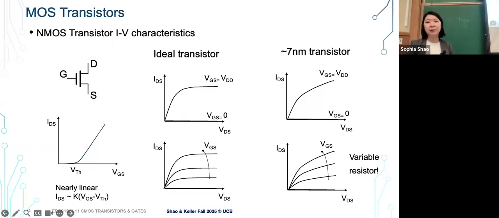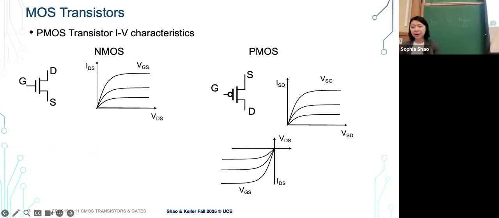Okay, so far we have been mostly talking about NMOS, right? How about PMOS? With NMOS, we have the gate, we apply positive charges here, and then we have current flowing from drain to source, but in reality it's more like electrons flowing from source to drain.